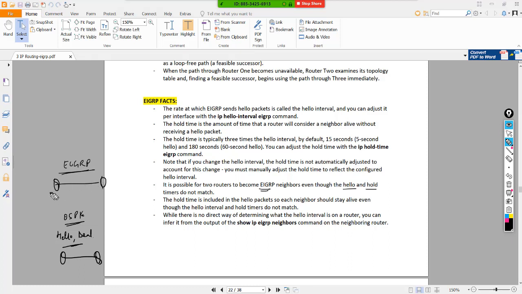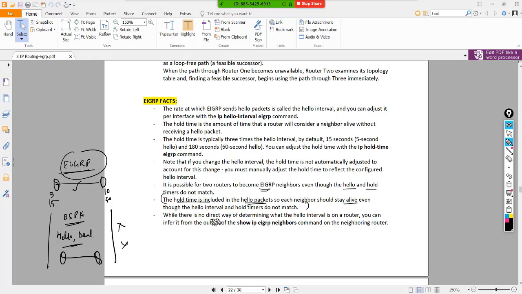You can have hello 5 and 15 here, and 10 and let's say 30 over there, and they will still form the neighborship in EIGRP. In OSPF, they will not. The hold timer is included in the hello packet, so they stay alive even though the hello intervals do not match. This is a small explanation of why they don't have to match.